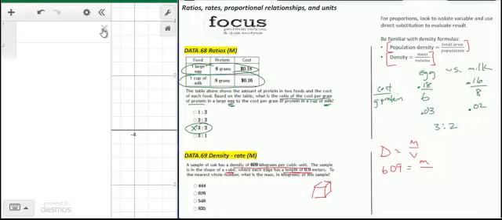It is in the reference section. If you don't know, you can pull up the reference page, and a cube's volume is the side length cubed.